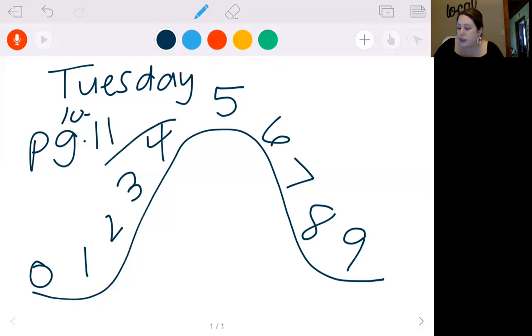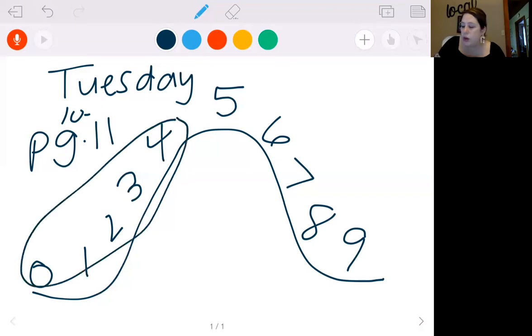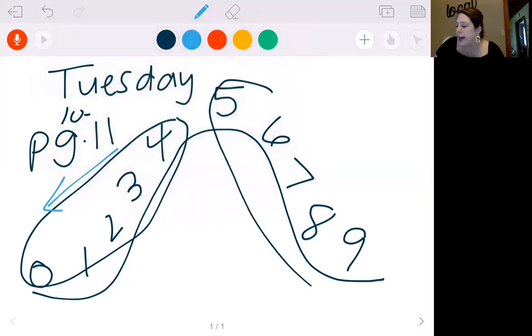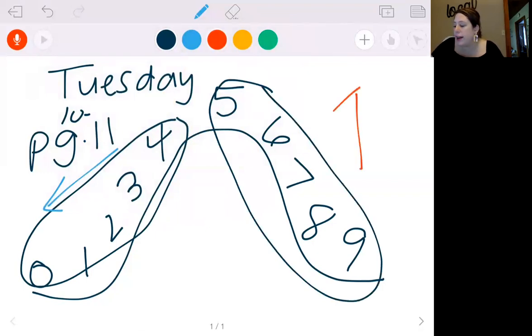If it is 0 through 4, we round down. And when you round down, your number stays the same. I'm going to show you an example in just a second. If you have a number that is 5 through 9, then you're going to round up. So I'm going to show you in a second exactly what I mean.